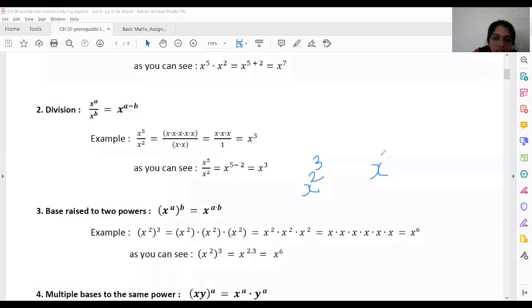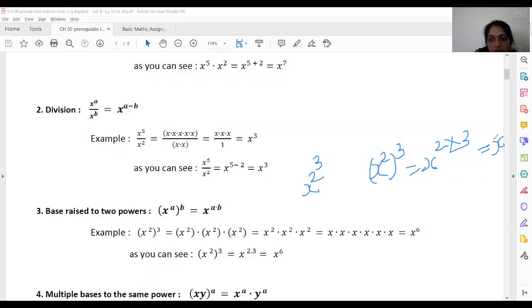That is not x raised to 8, please stop. I gave you the answer. If we have x raised to 2 raised to 3 and there is a bracket, then it is x raised to 2 into 3, that is x raised to 6, right?